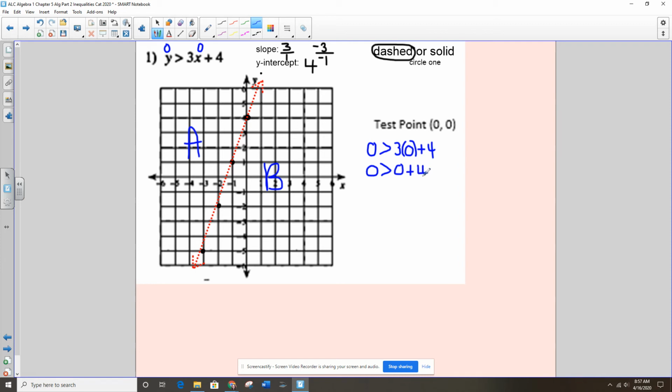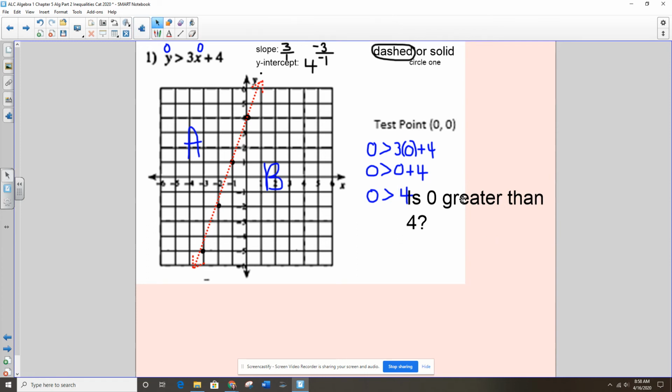And last but not least, 0 is greater than 4. Then you ask yourself, is that true? Is 0 greater than 4?